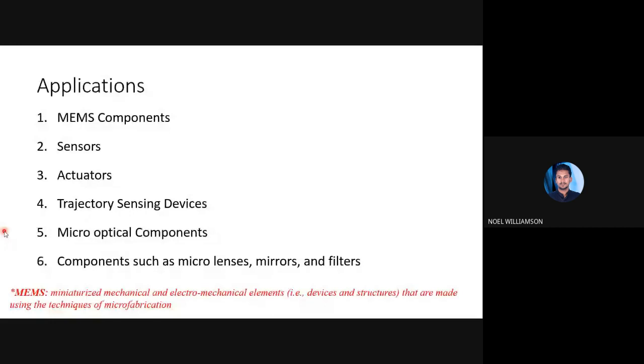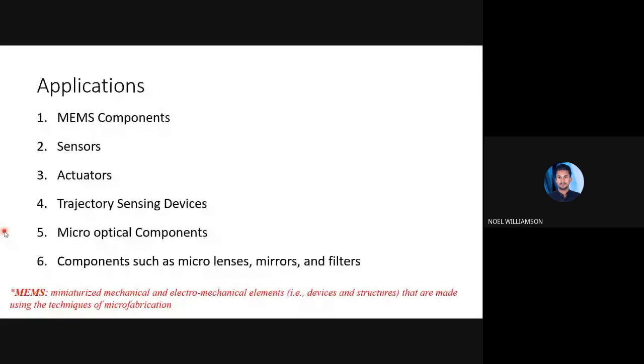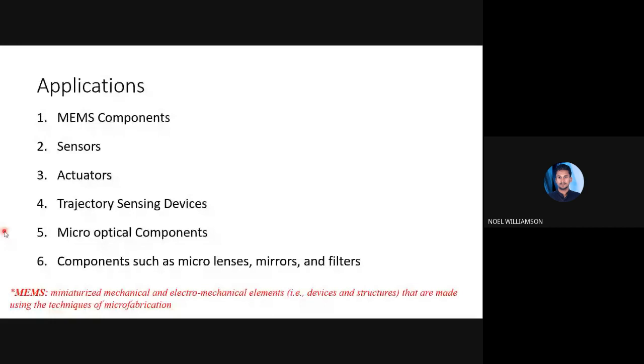So even mechanical or electromechanical elements, anything which is microfabricated, those things are MEMS, and these components can be made using the LIGA process. Then sensors, actuators, sensing devices, micro optical components, micro lenses, mirrors, filters, etc. Everything can be made out of the LIGA process.